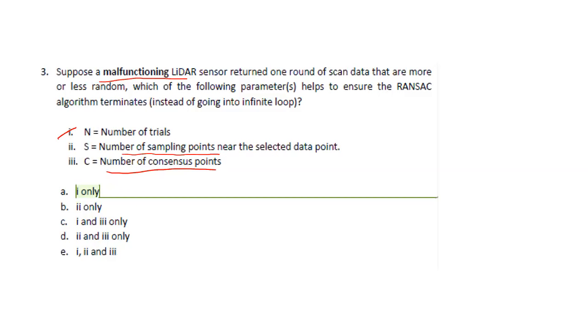Eventually, once the n runs out, I will actually have to stop. So that is why for this question, the number of trials will be the parameter that helps to ensure that I will eventually stop the scan, even though the lidar has malfunctioned.